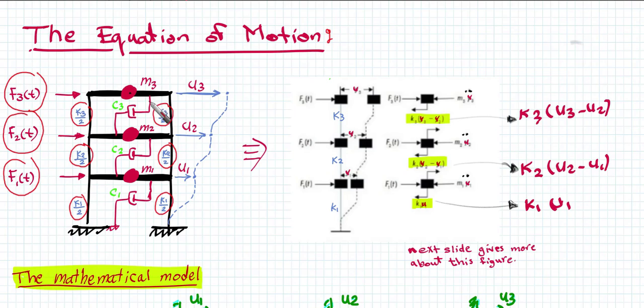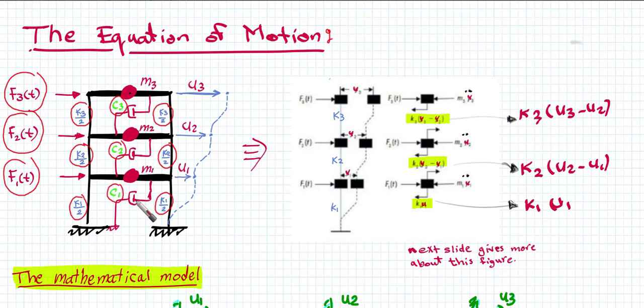At the same time, we have damping that is represented by this dash-dot designation, and it is related to each floor. So we have damping coefficients C1, C2, and C3 for the floor levels, and it is going to resist the motion.